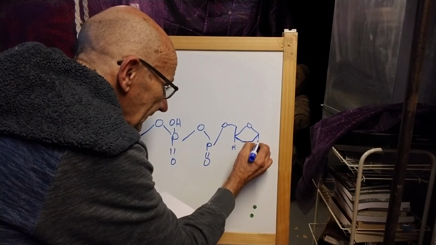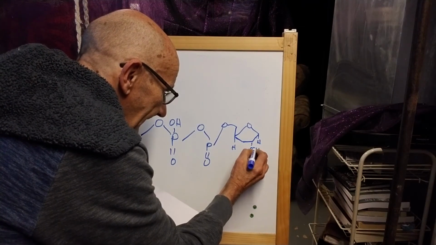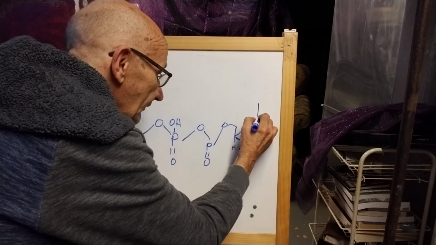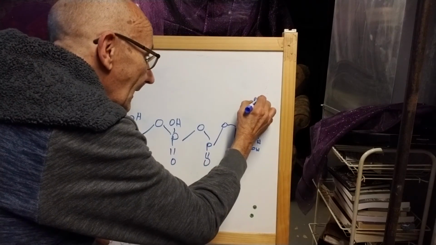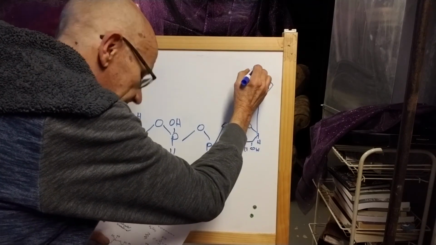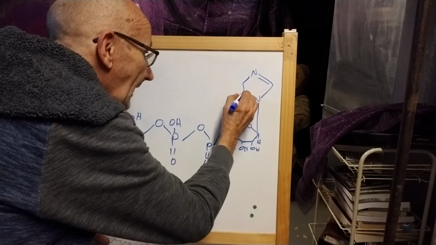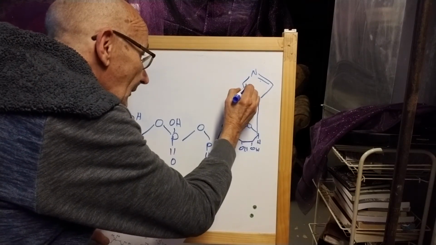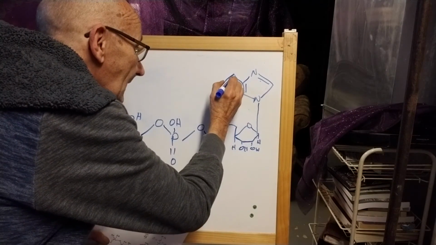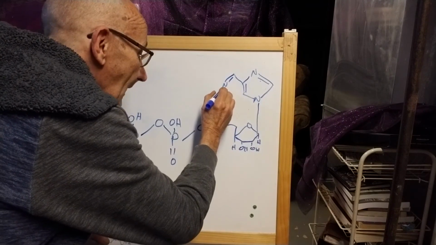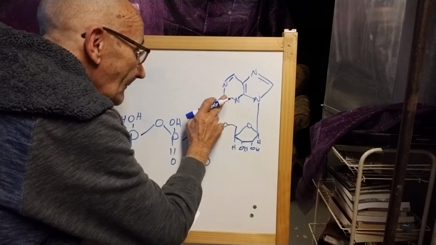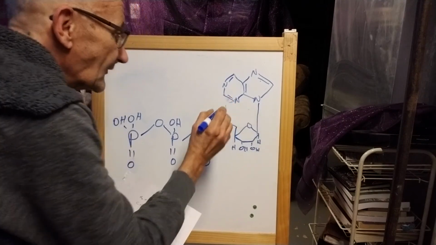Here we have a hydrogen, OH, which comes down from here, and boom, double bond, nitrogen, comes over here, down here, with a double bond, goes up here, over here, double bond, nitrogen, that is a double bond.